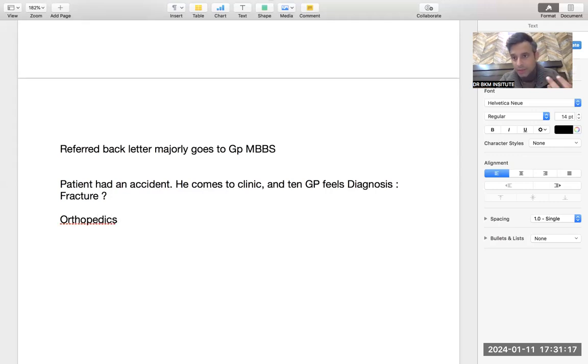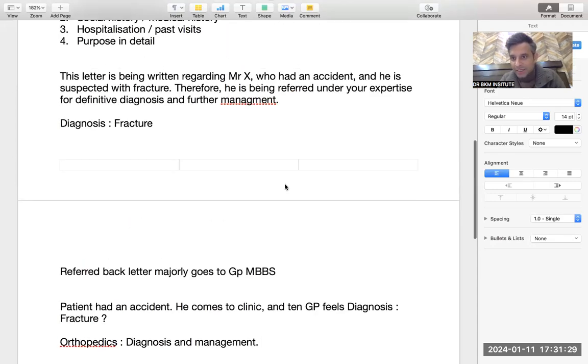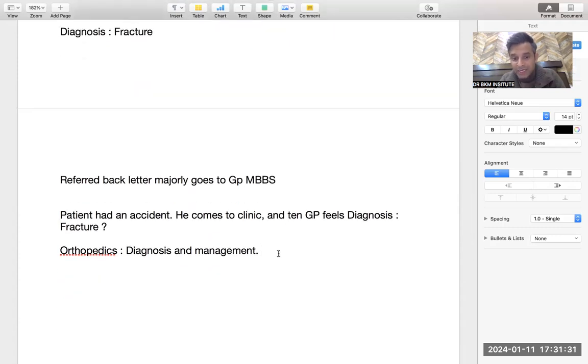Now the senior orthosurgeon, what will he do? He will do diagnosis, definitive diagnosis, and management. Up to this, these two letters are the same. But what happens in a referred back letter: the orthopedician provides the treatment, meaning plaster cast and treatment.